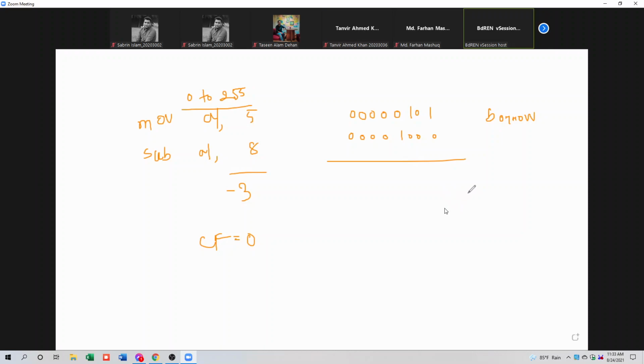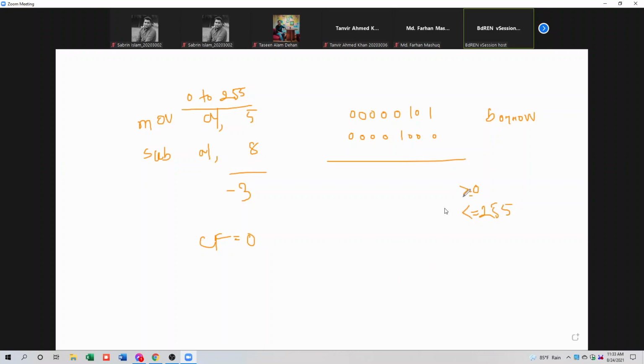So if you got a result where the value is greater than or equal to 0 and less than or equal to 255, then you got a result within the range. At that time, the value of the carry flag register will be 0.